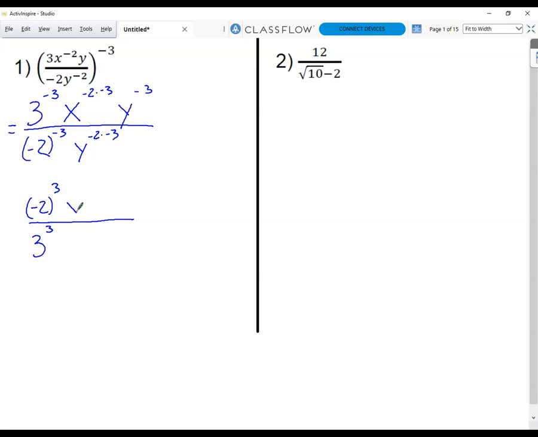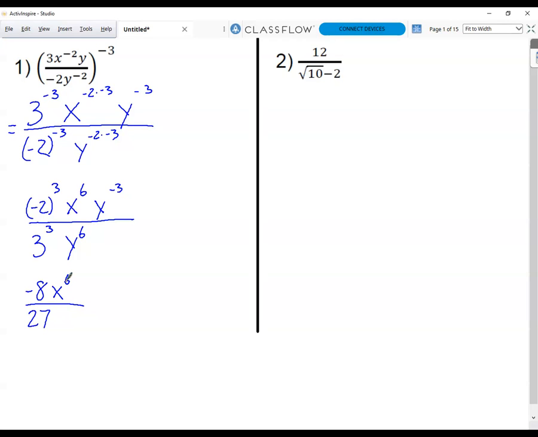Negative 2 times negative 3 is x to the sixth, and we're going to have y to the sixth in the denominator, and I'm going to keep my y to the negative third in the numerator. And we work this through. Negative 2 to the negative third is negative 8. 3 to the third is 27. X to the sixth, x is the only power here.